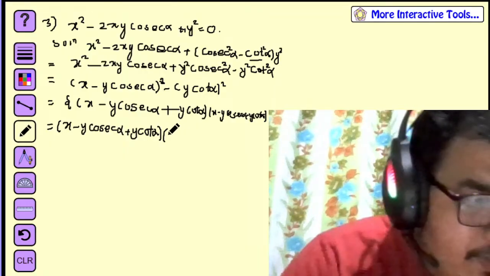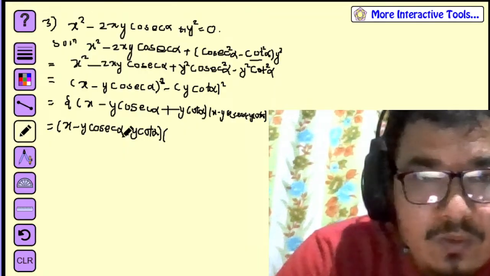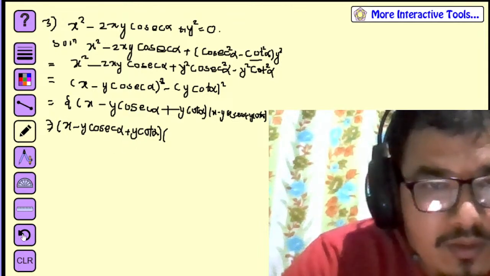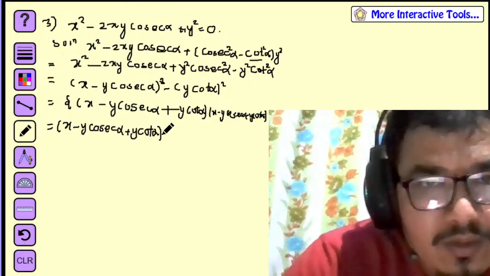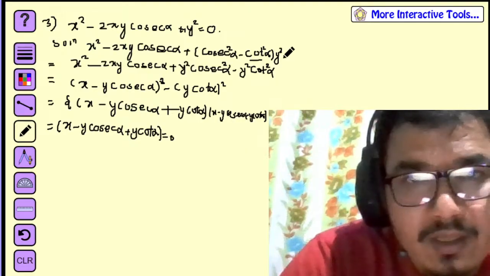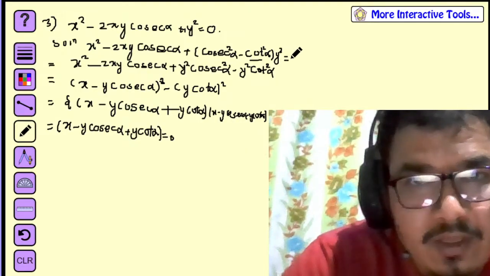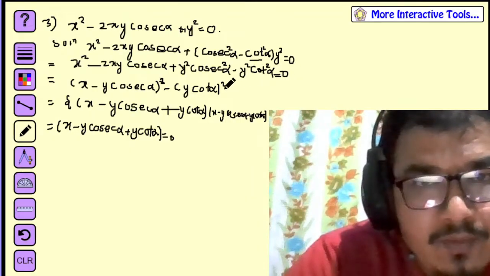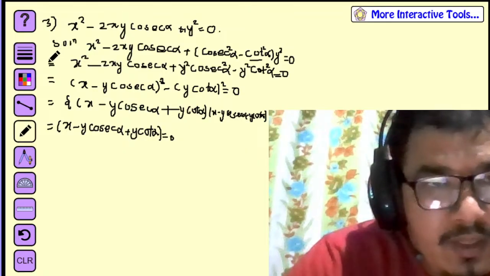This we are taking as the first one, this equals to 0. We take one equation equal to 0. Here also we have taken 0; we didn't write 0 before, but since this is an equation, on the right side there is 0 in both. And here we now write "or", not "equals".